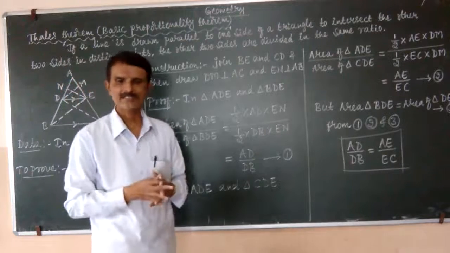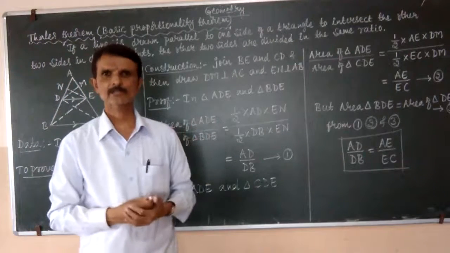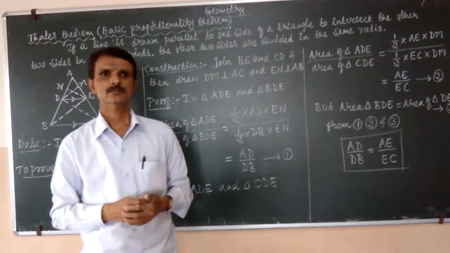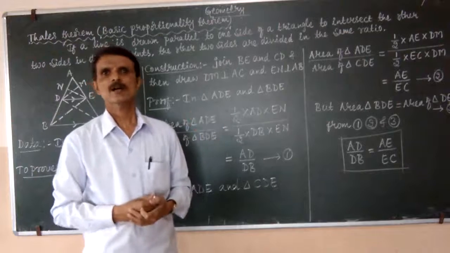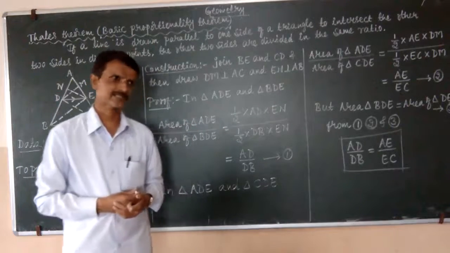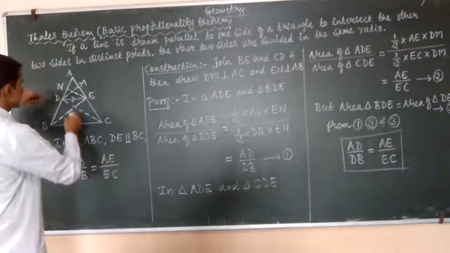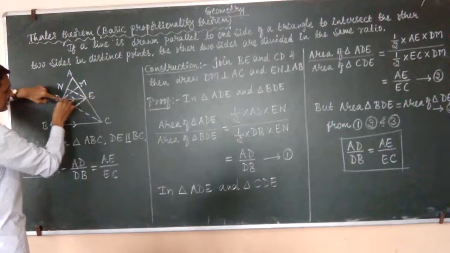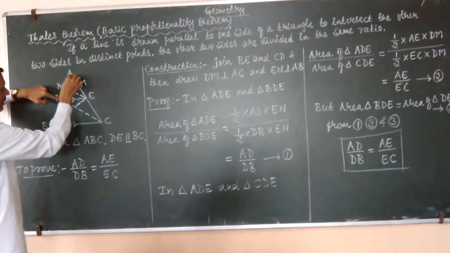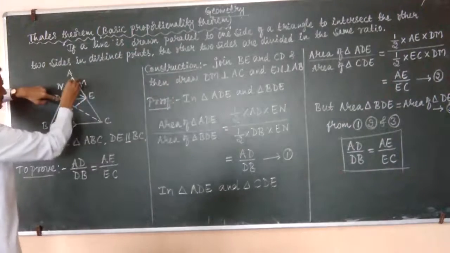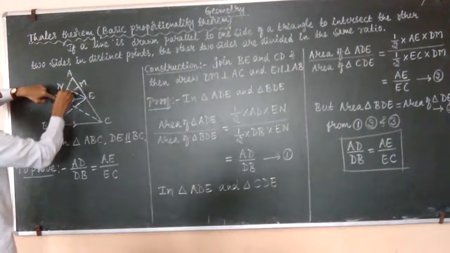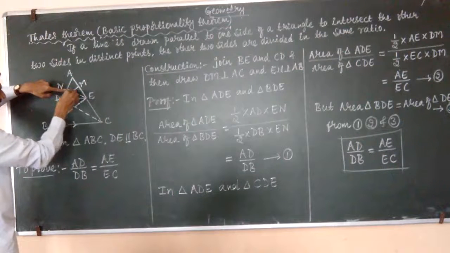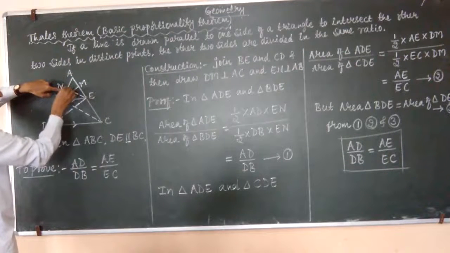So you already know, what is the formula to find the area of a triangle? Yes, half into base into height. Now for the triangle ADE, observe clearly. Half into base AD into height EN.